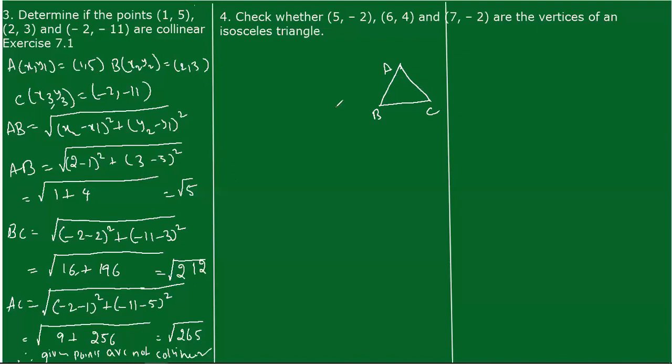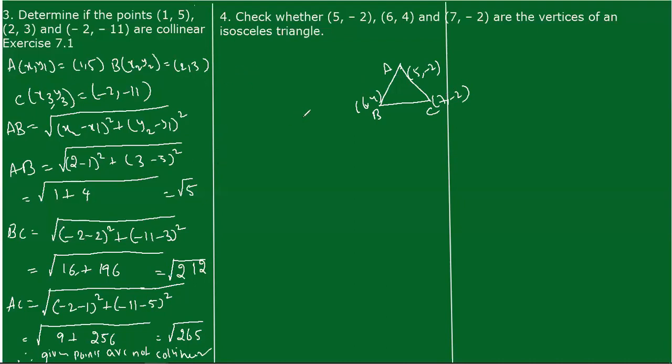Now, for example, I take A as (5, -2), B as (6, 4) and C as (7, -2). Now we have to find the distances AB, BC, AC. If any two side distances come out equal, it is absolutely an isosceles triangle. So let's prove it.